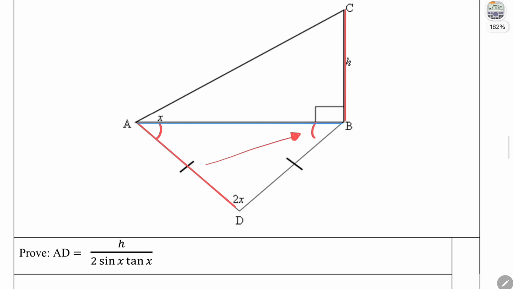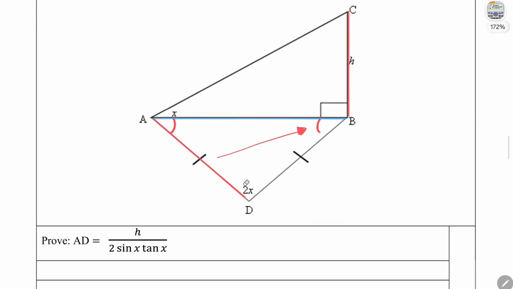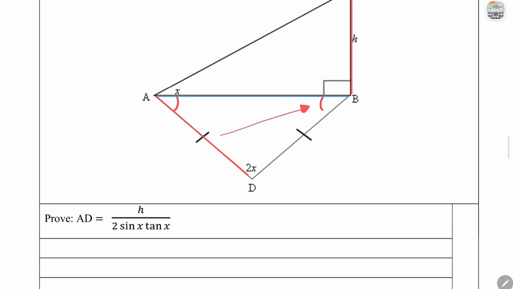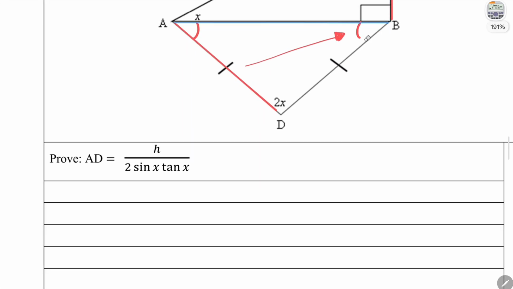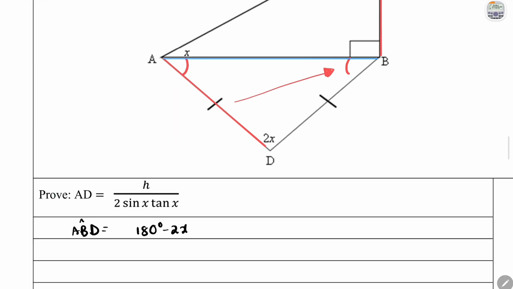Okay, so it's an isosceles triangle. Let's go ahead and start with these angles. So this is 2x, meaning the angles in the triangle add up to 180 degrees. And so this angle, let's just call it angle ABD. Angle ABD would be found by saying 180 degrees minus 2x, right?